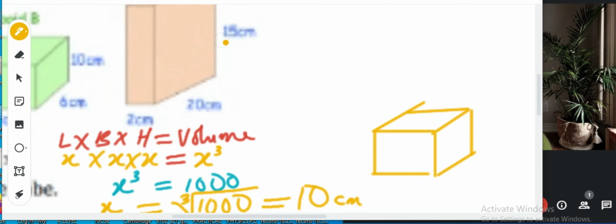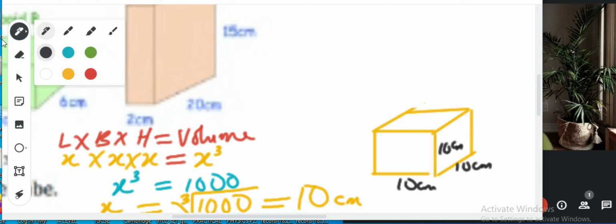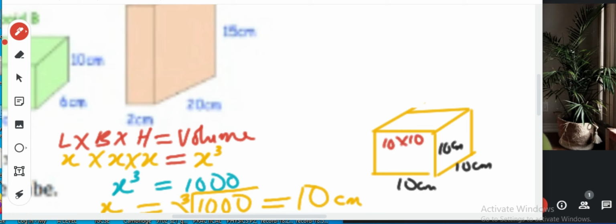Assuming this is the cube given, each side is 10. So we can have 10 here, 10 here, 10 here, all in centimeters. You can find the area of this face, which is 10 times 10 as we have done earlier. That gives 100.